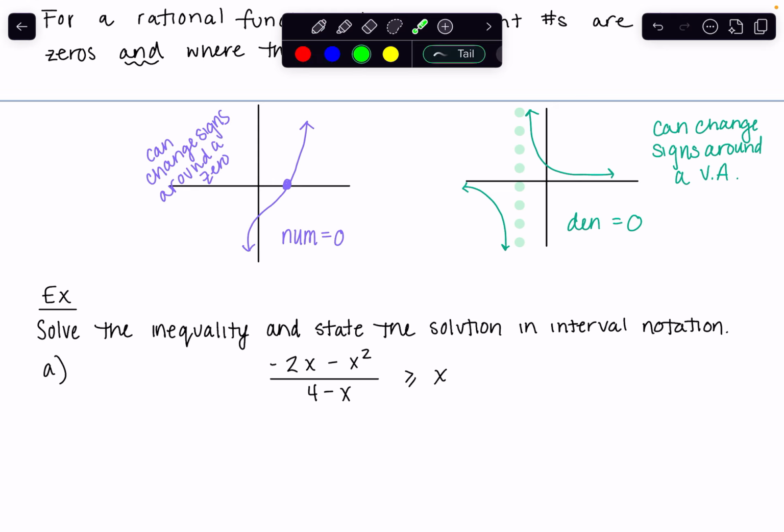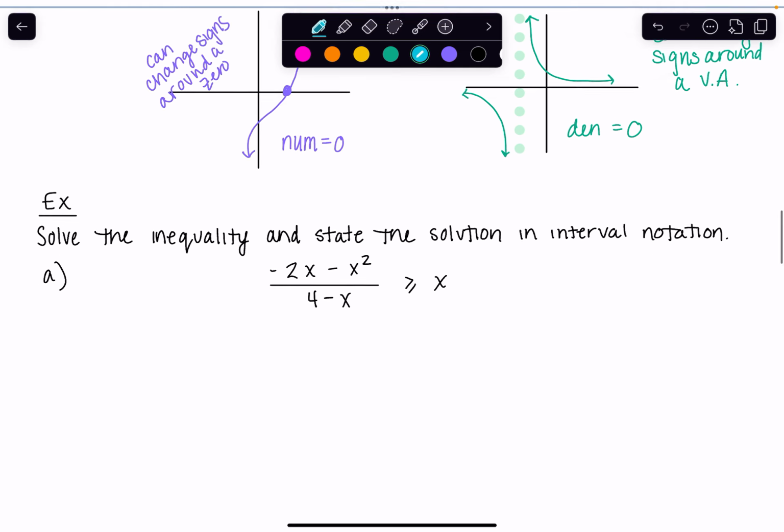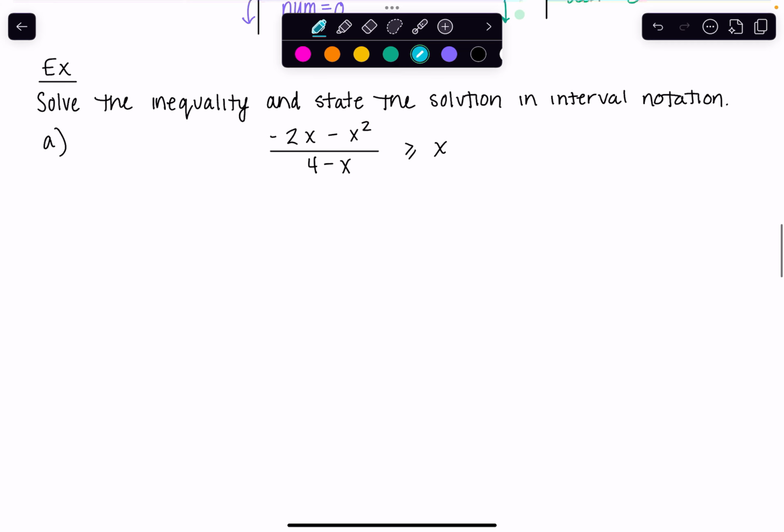Okay. So we're going to start with one that's real messy. And if we can do this, we can do everything. The second one will be a little bit easier. But we've got this really messy rational inequality. And I want to find the x values that make it true. So the very first thing is I'm going to move everything to one side, and then I'm going to get a single rational function on one side of the equation.